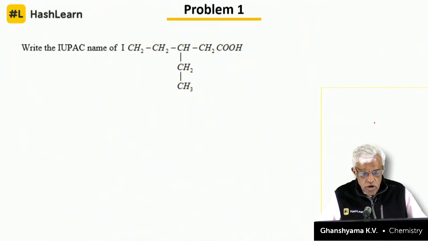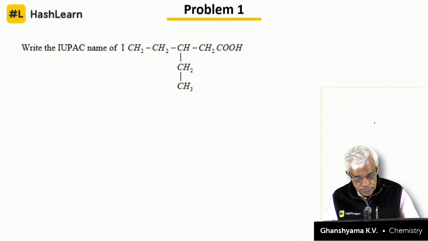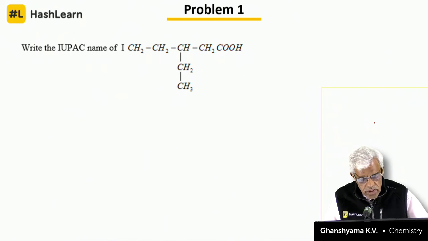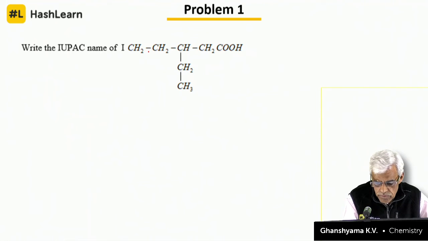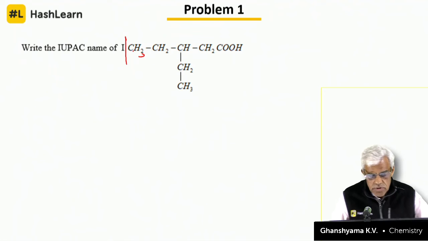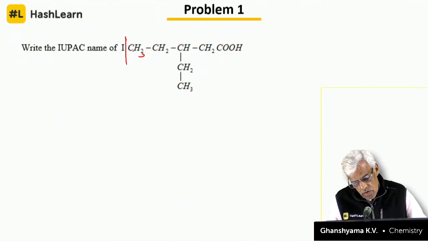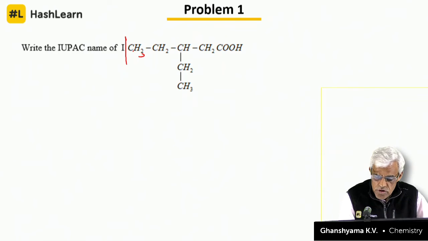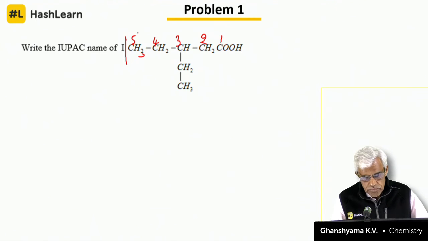So, here is a compound. See, this is CH3, it should be CH3, not I. So it should be 1, 2, 3, 4 and 5.